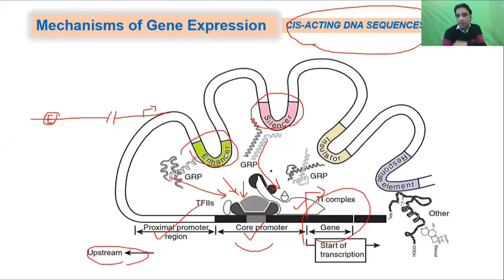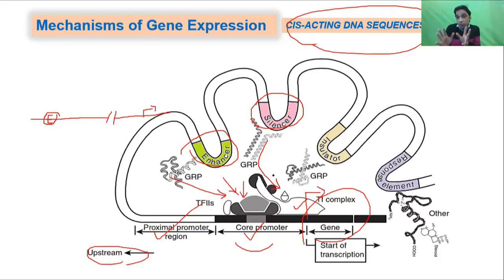Now guess what will happen this time? If the silencer sequence is there, it can recruit a protein, and because of the three-dimensional structure of DNA, it will bring that protein near the core promoter region, and it will block the function of transcription, slowing it down.